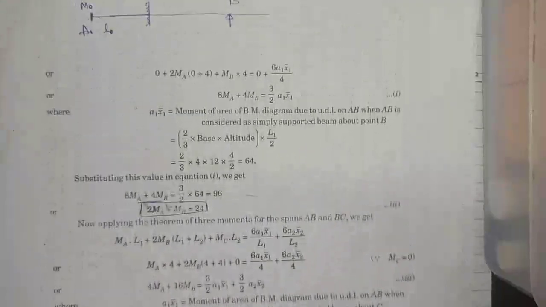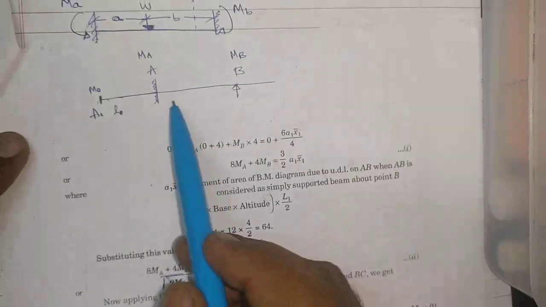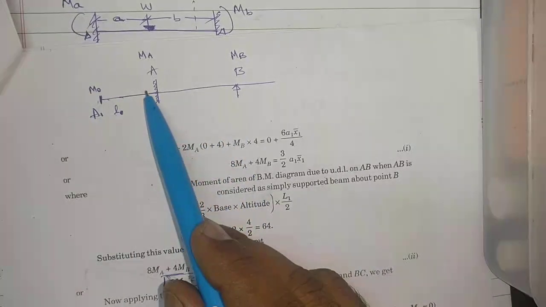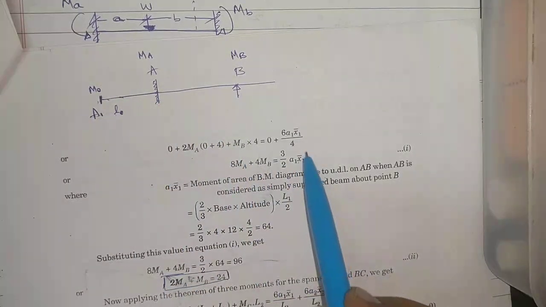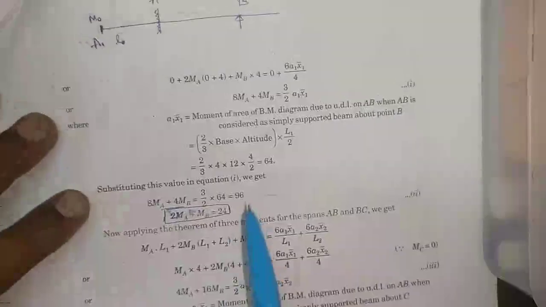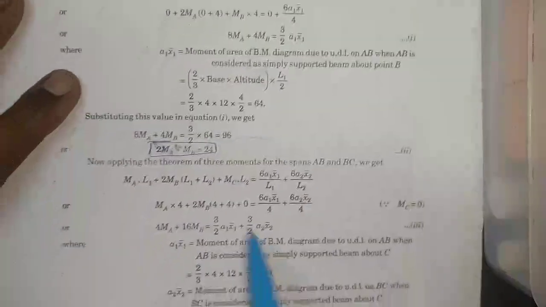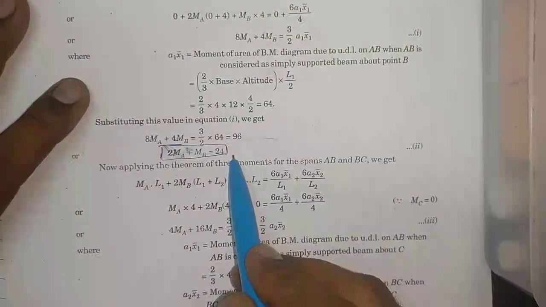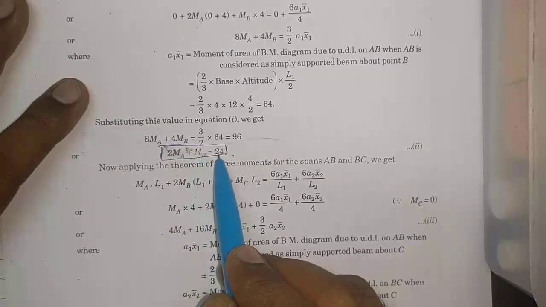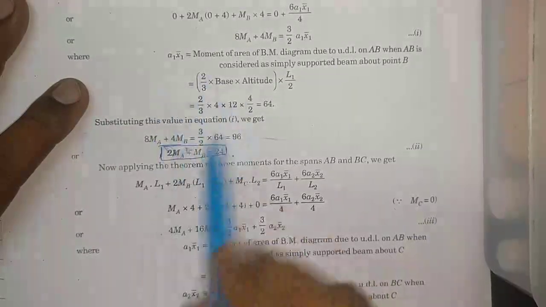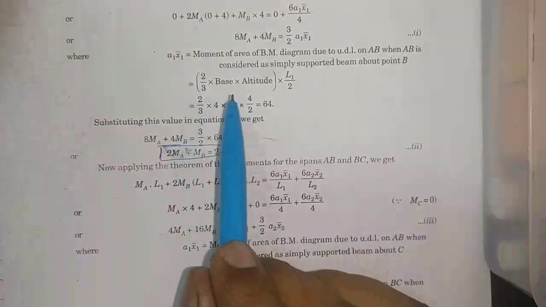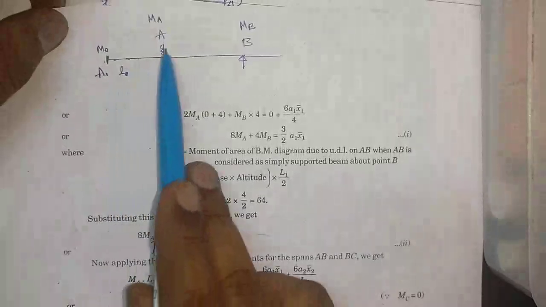Here we have applied this. When we apply this theorem, we get one equation: 2MA plus MB is equal to 24. This equation we get by applying it for A1 AB.